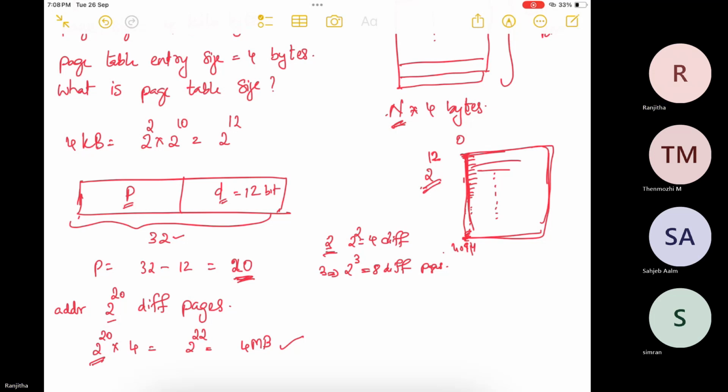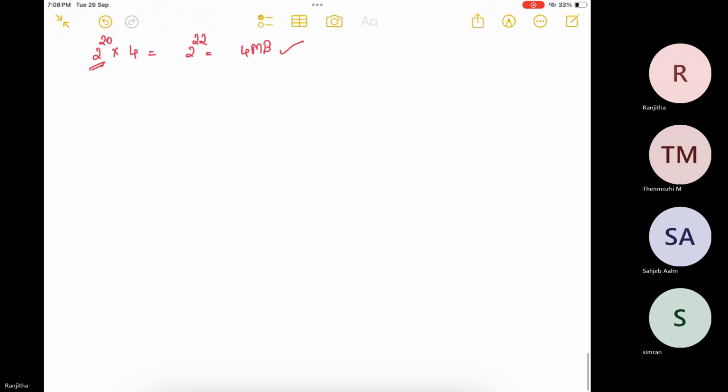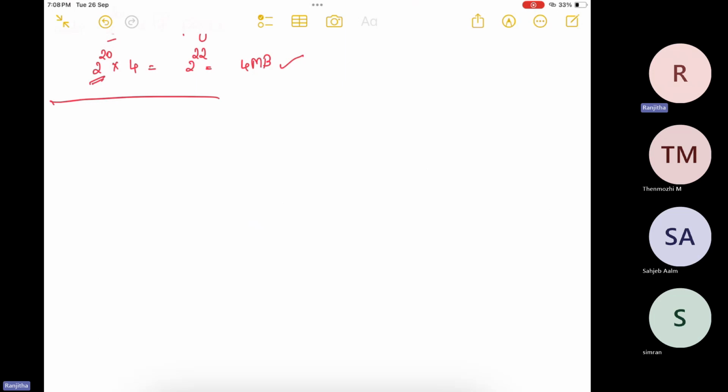Now the next problem. Consider a machine with 64 MB physical memory. So here physical memory is 64 MB and the logical address space is 32 bits.